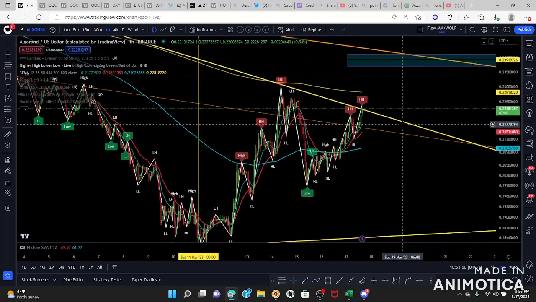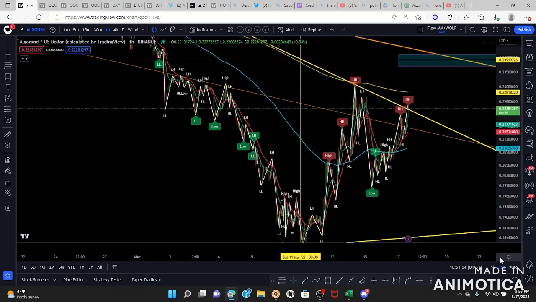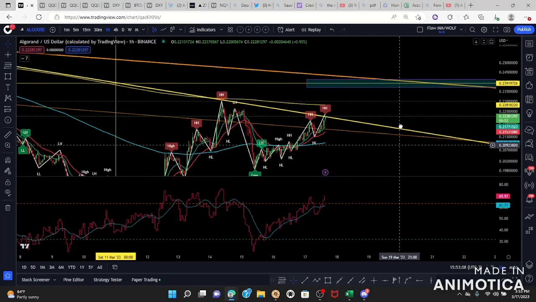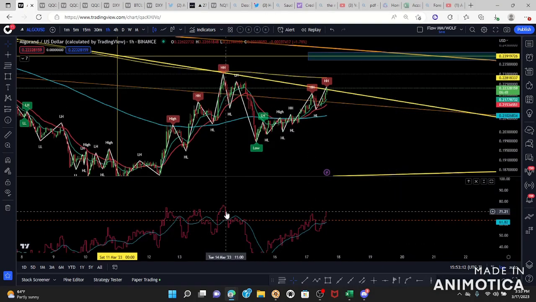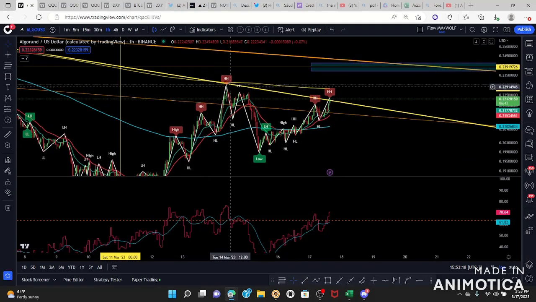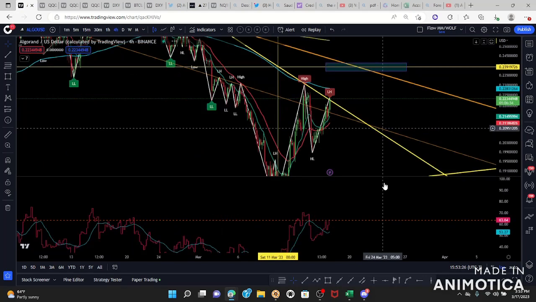Okay, let's go to the 4 hour. And remember, look at your RSI too. Look to see if you can find any divergence. Right, because if we hit this, in the 4 hour, I like to visualize it in the 4 hours.